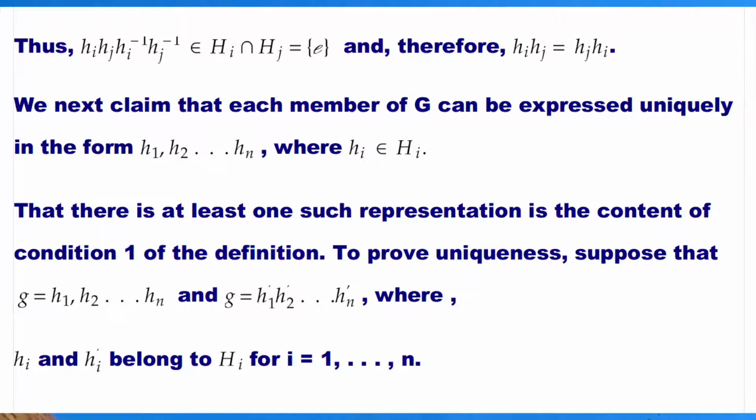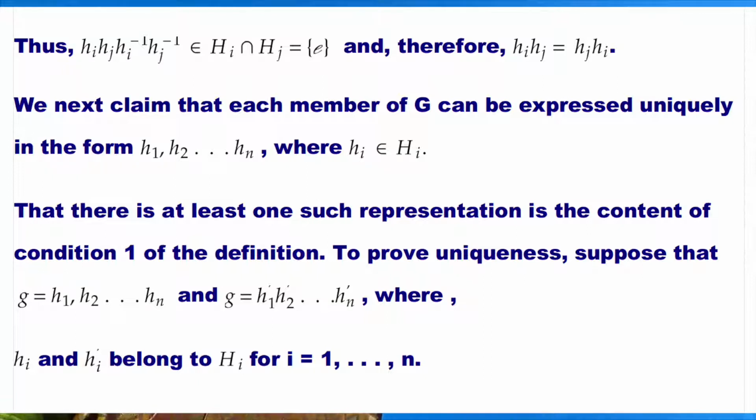Now, to prove that every element of G is uniquely of the form h1, h2, so on up to hn, where hi belongs to capital Hi. Let g be represented by h1, h2, so on up to hn, and another representation g is equal to h1 dash, h2 dash, so on up to hn dash.